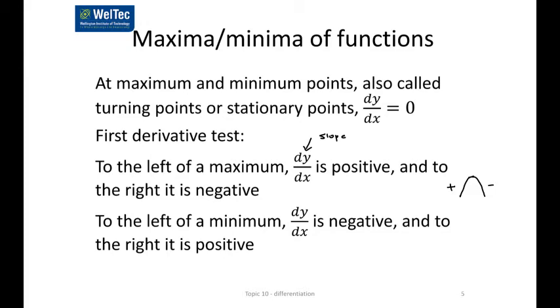So all we'd have to do is find the point where the slope is 0 there, and the derivative is positive to the left, and to the right it's negative. And similarly for a minimum type point, the derivative is 0 at the bottom, and the derivative is negative to the left and positive to the right.